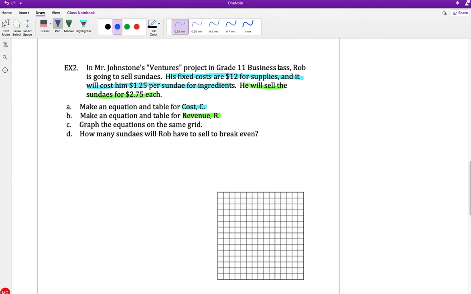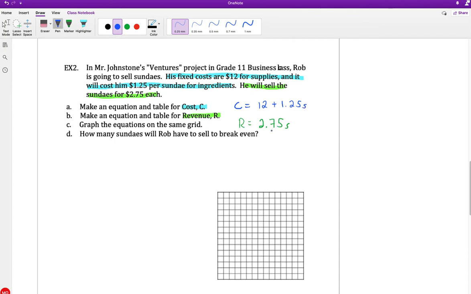So, since you're back, let's take a look at the cost. So what's the cost entail? He has a fixed cost of 12, and it'll cost him $1.25 per Sunday. So the costs are going to be 12 plus $1.25. Okay? And his revenue is going to be just $2.75 each. $2.75 S. Oh, I forgot the S here.